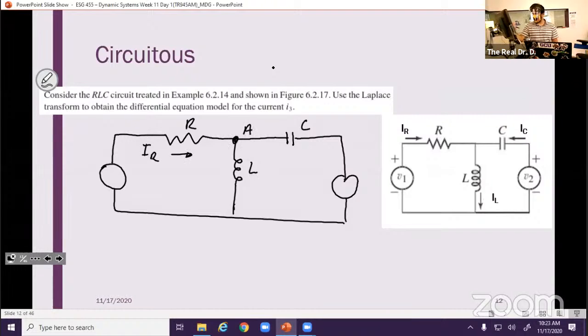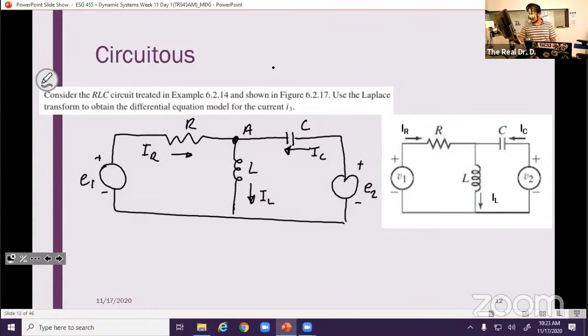I've got a node up here. We'll call this E1. We'll call this one E2. I've got current coming through here that I will call I sub L. And I've got some current branching here that I'm going to call I sub C. Ooh, actually, Dr. G drew that the wrong way. It's going to be this way. It's going to be that way.